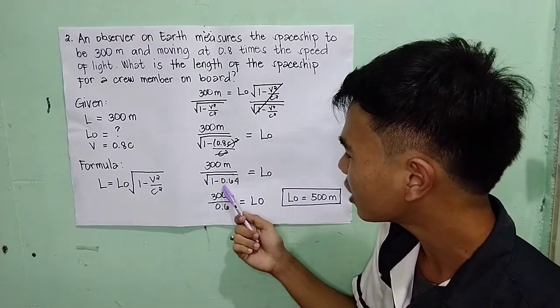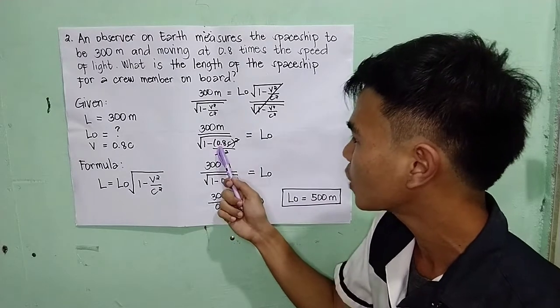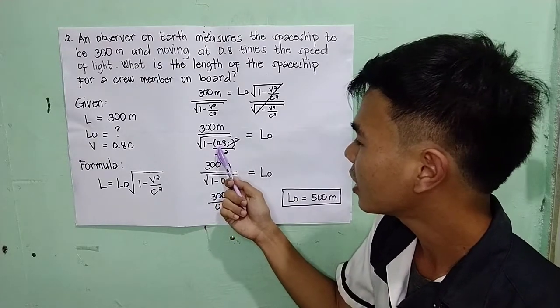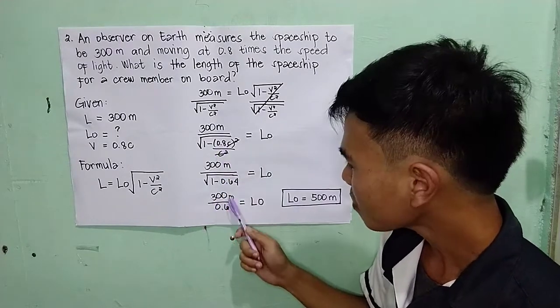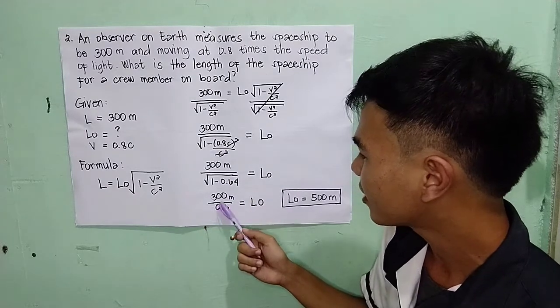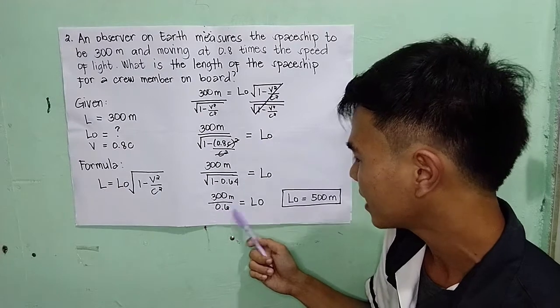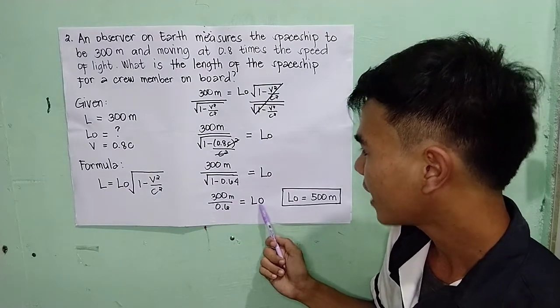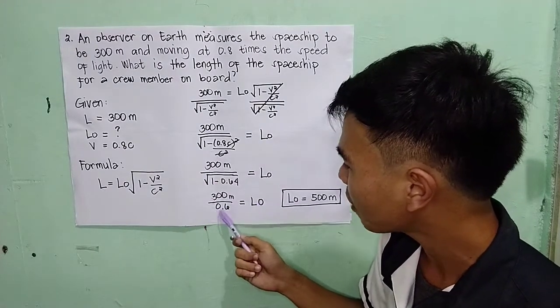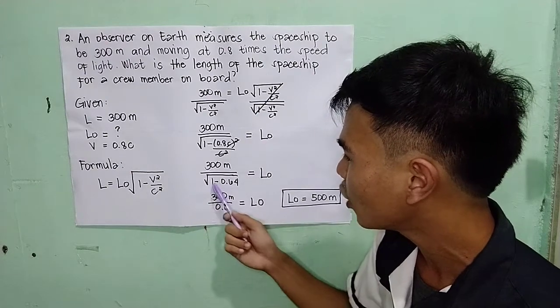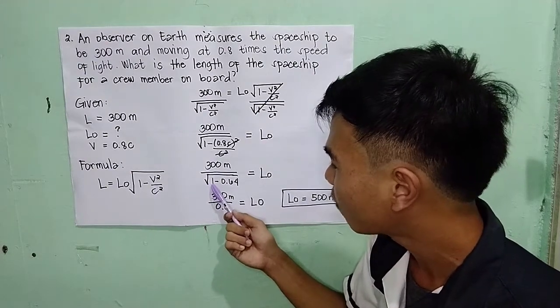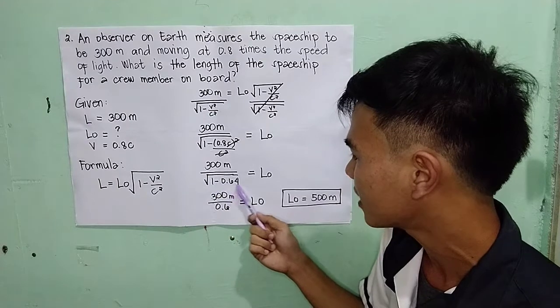We have 0.64 because we squared this 0.8. And so we have 300 meters divided by 0.6 is equal to L naught, because 0.6 is the value of the square root of 1 minus 0.64.